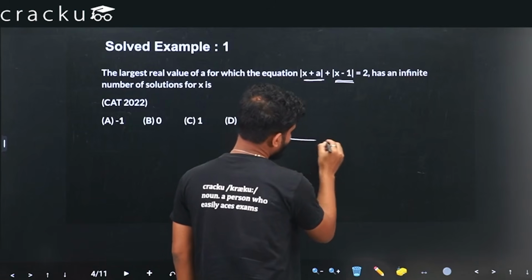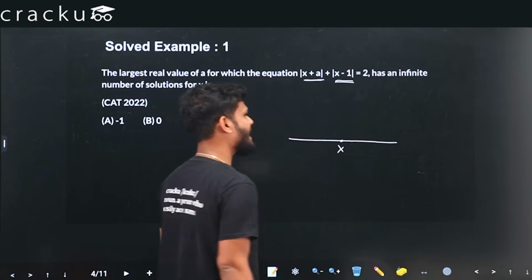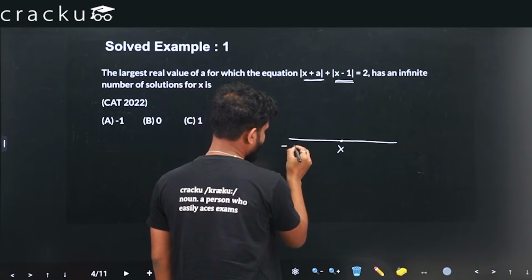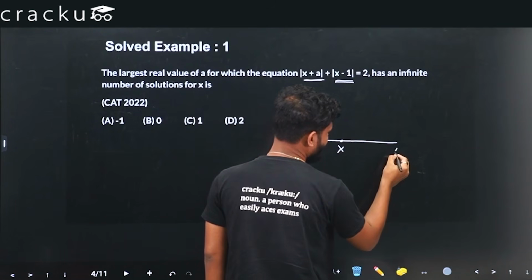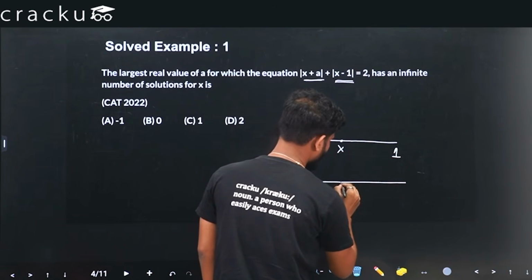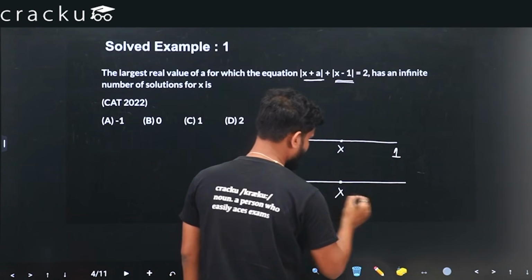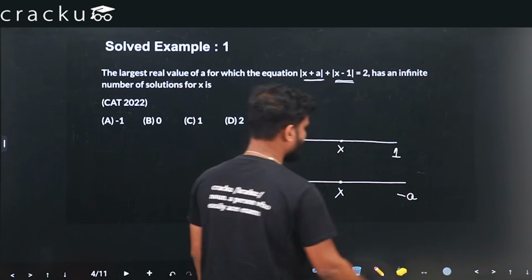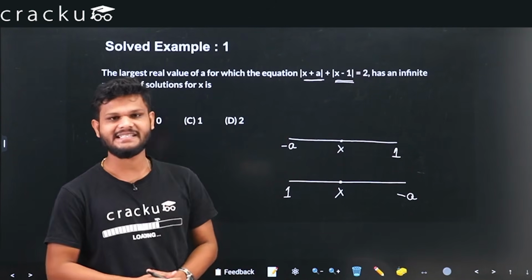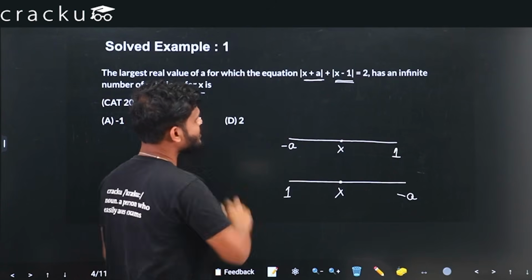So let us say this is my x. There can be two cases. Minus a can be here and 1 can be here, or x is here, 1 is here, and minus a is here. Why have I taken x in between? Because I want infinite solutions.